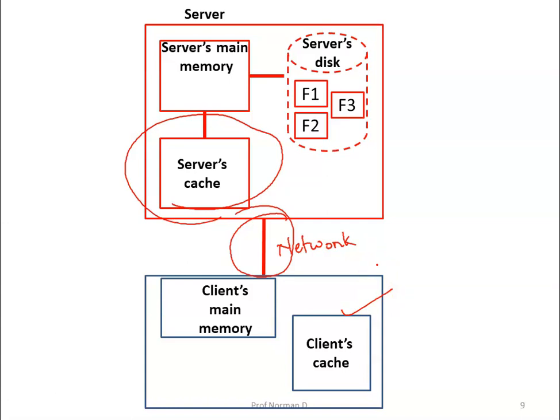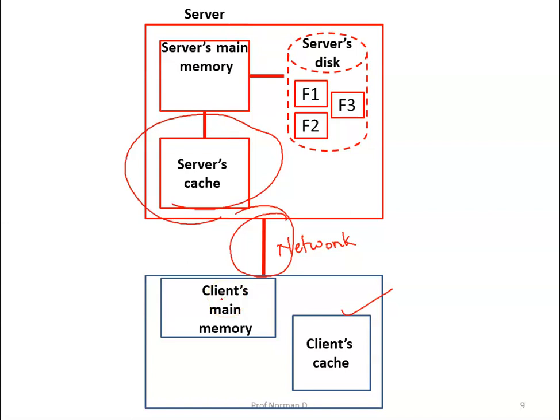Now the trade-off between using the client's main memory or its disk is one of space versus performance. The disk holds more but is obviously slower. When faced with a choice between having a cache in the server's main memory versus the client disk, the former is usually somewhat faster and it is always much simpler.